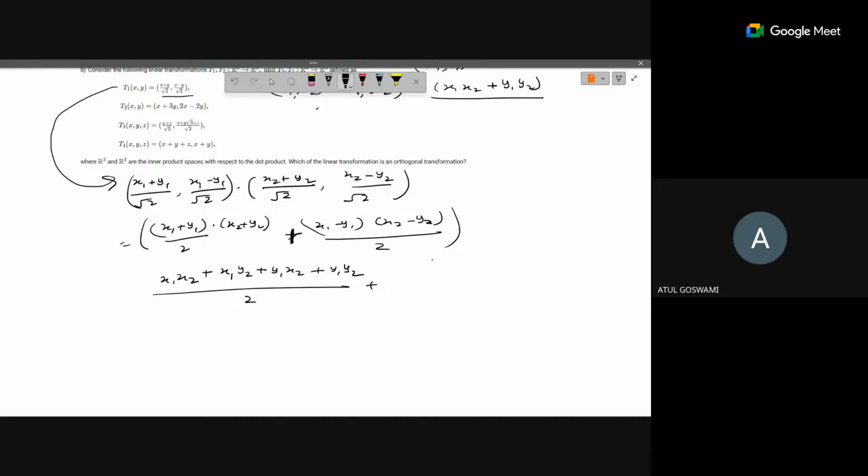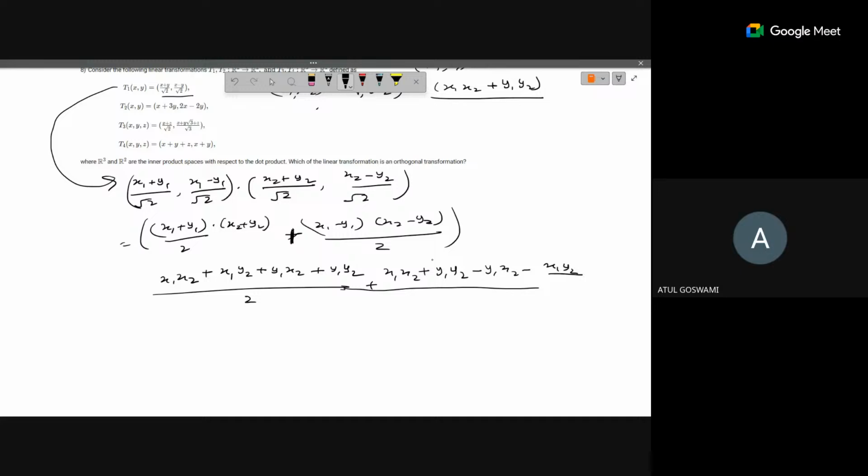the 2 is the same, so we can write the entire denominator 2, and we get x1 x2 plus y1 y2 minus y1 x2 minus x1 y2.